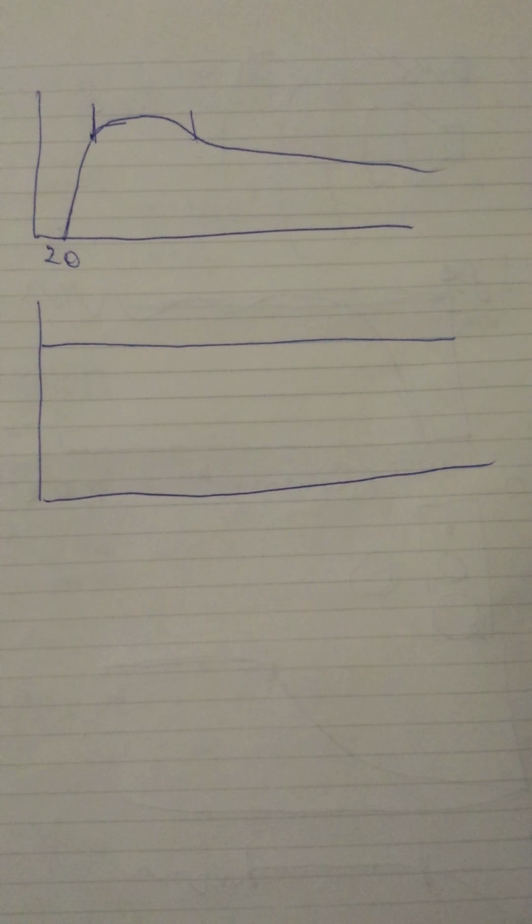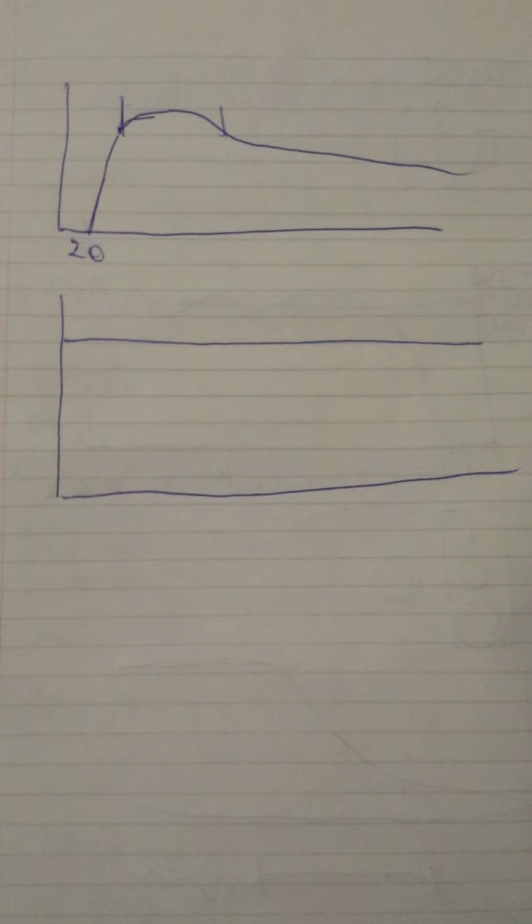Now, what does the frequency response curve of a perfect speaker system look like? And it is very simple. That's what the frequency response of a perfect speaker looks like. Completely flat.